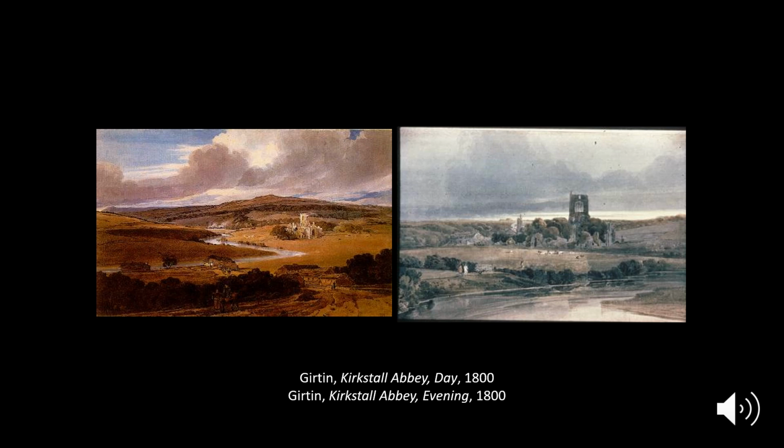This was, again, not meant to offer sharp lines, but instead curving surfaces, elements of wildness. The picturesque celebrated ruins, and you're seeing two images of a ruined abbey here.